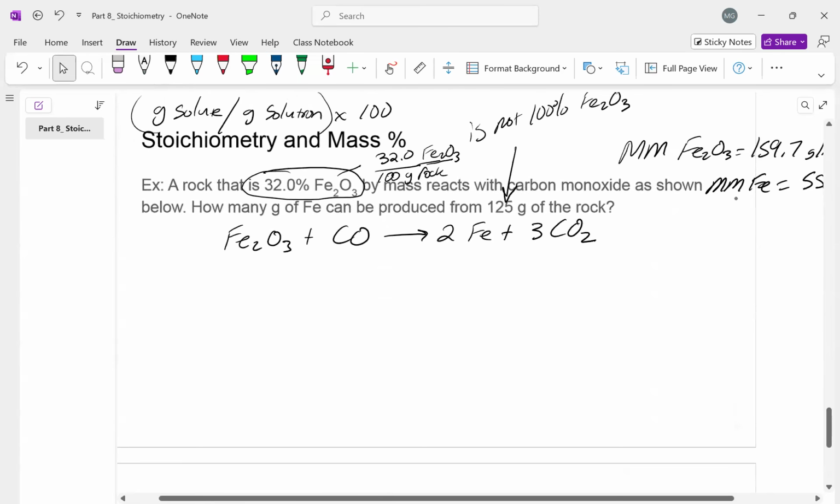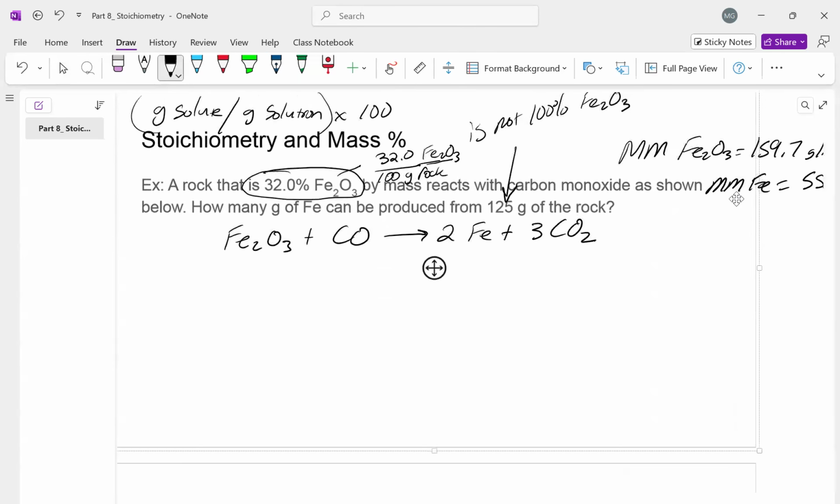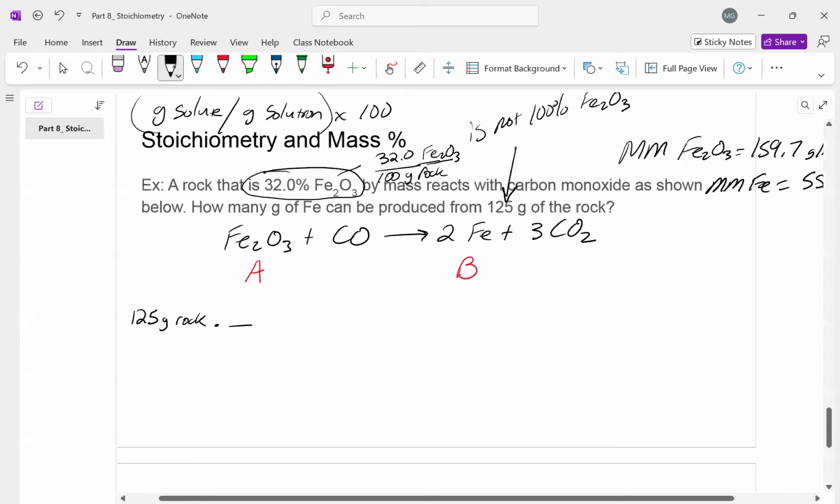So what we have to do first is get to mass of A so that we can get to moles of A, and then moles of B, and finally mass of B. The only thing with mass in it right now is the 125-gram rock. Is there any way to put that into one of our reactants?